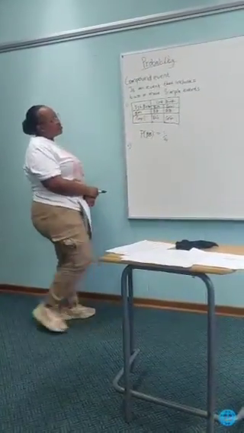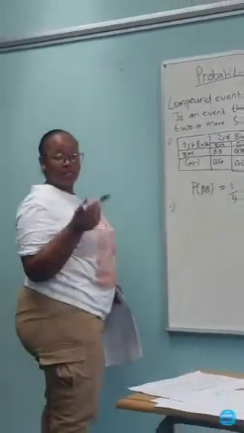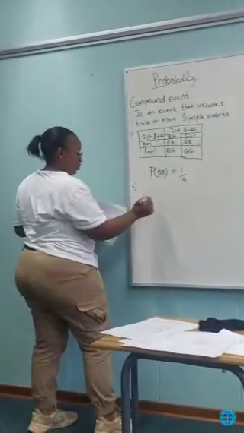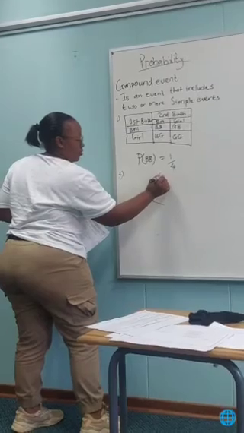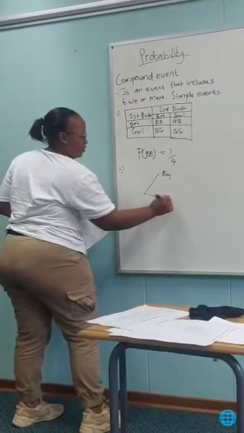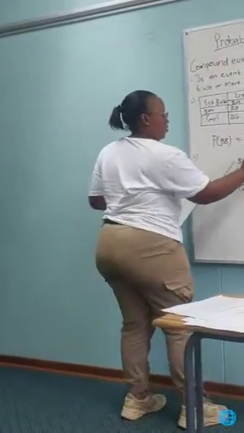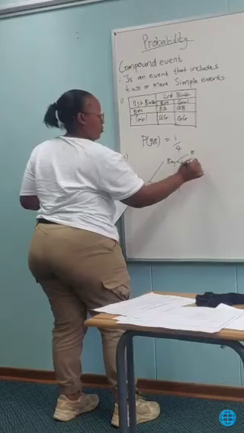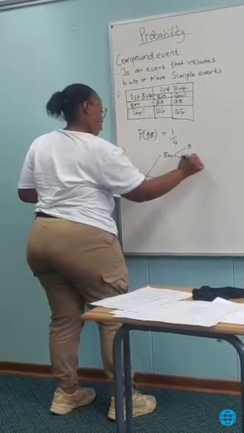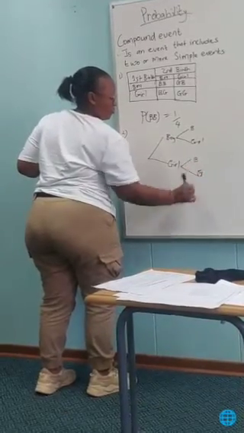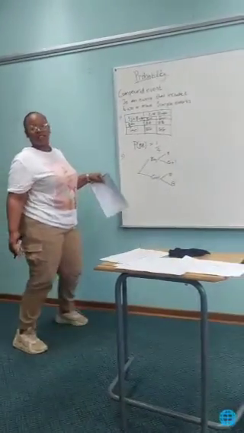Another way of representing the data on the table is by using a tree diagram. We can draw it like this: a boy, a girl. Is it clear, guys?